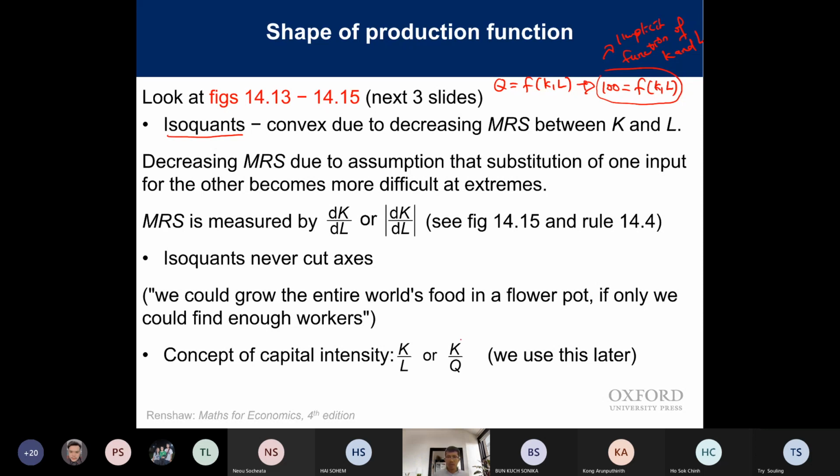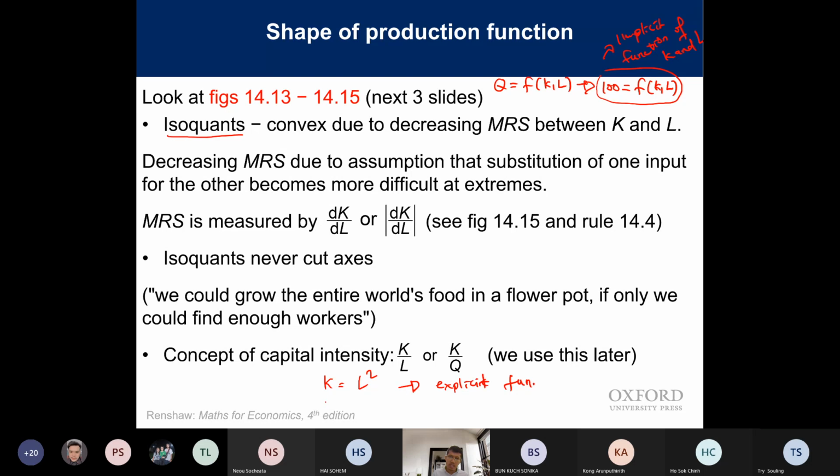So for example, if you have K equal to L square, this is the explicit relationship, an explicit function.